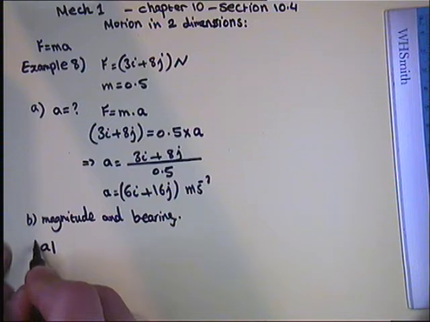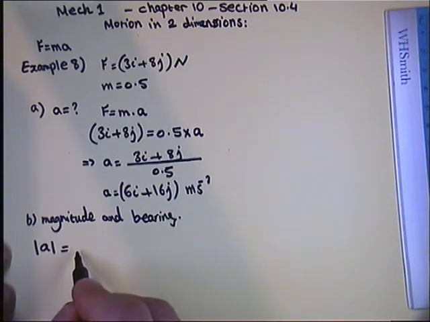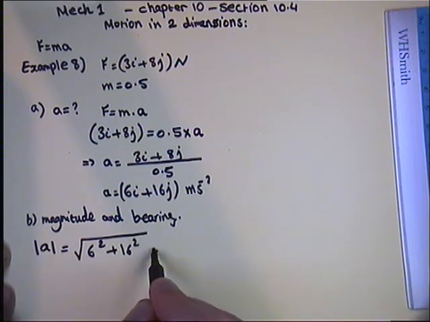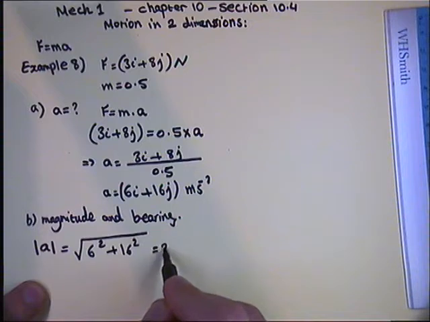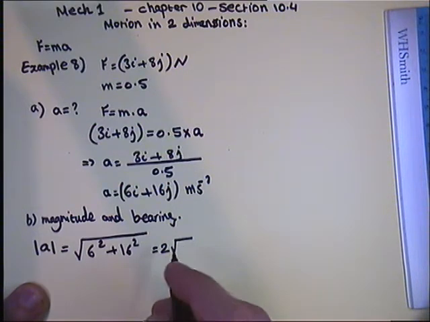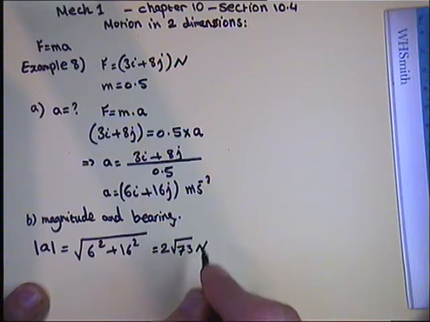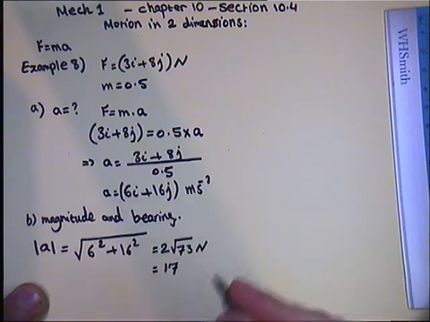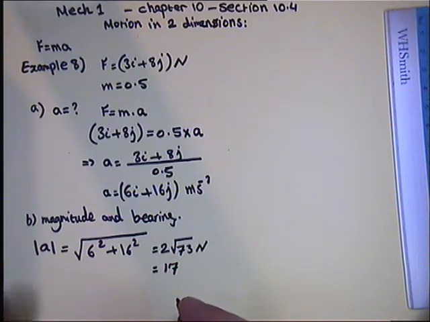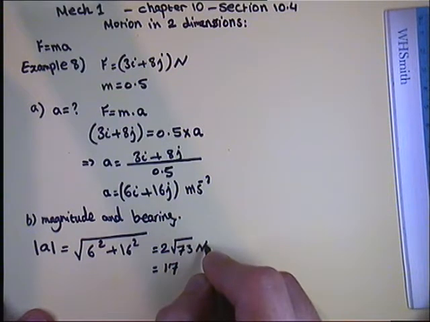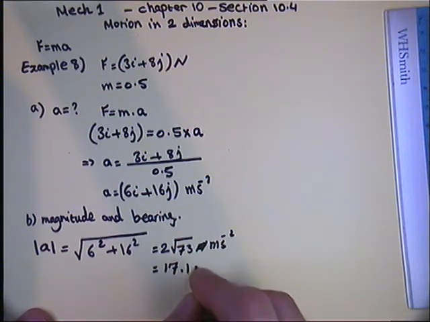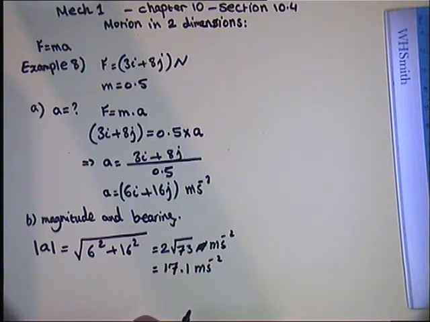Therefore, the magnitude of a, using Pythagoras, is the square root of 6 squared plus 16 squared, which is 2 root 73, not newtons, meters per second squared, which is 17.1 meters per second squared.